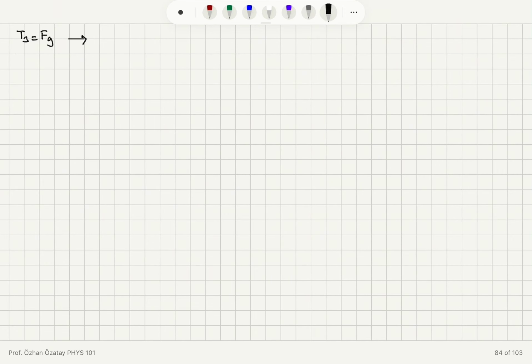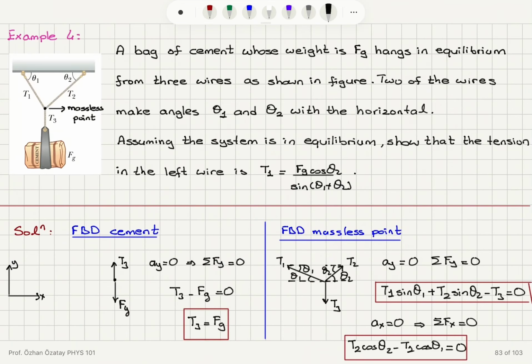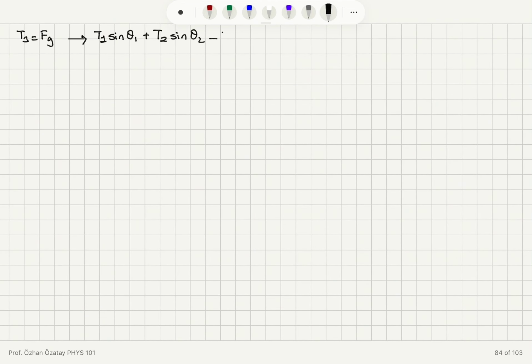So this equation will become T1 sine theta 1 plus T2 sine theta 2 minus T3, which is minus Fg, equal to 0.